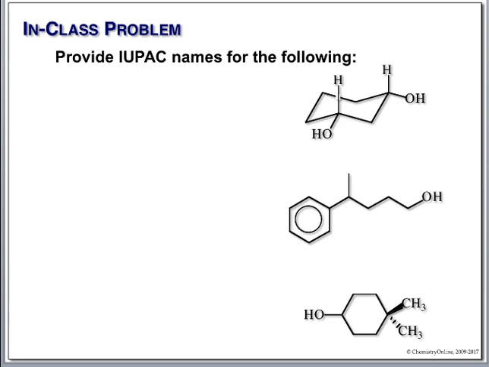The locations are carbons 1 and 3. So it's a 1,3-cyclohexanediol. And finally, both of these are equatorial. That means they're below the ring plane here, and they're both on the same side.